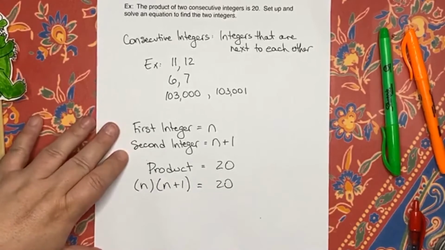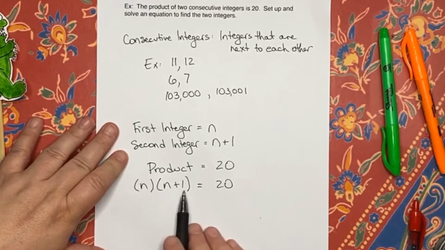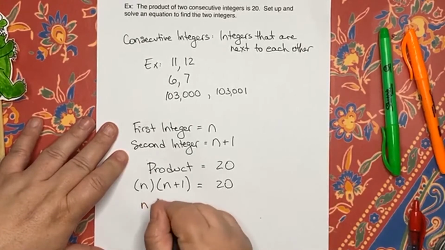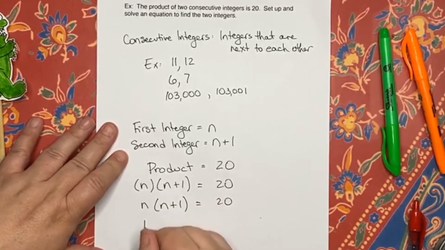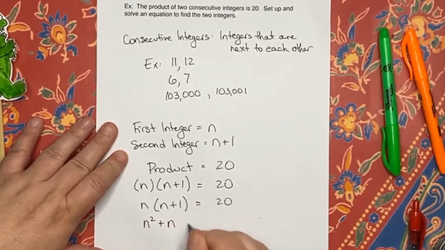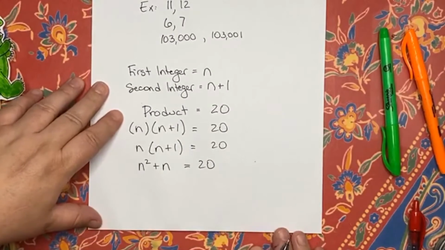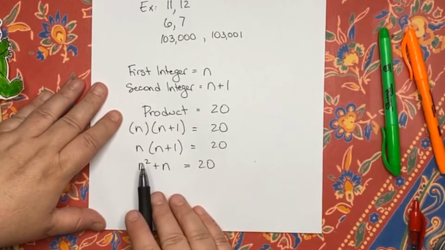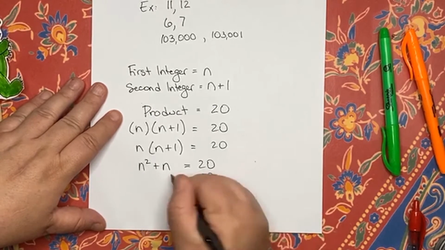Okay, well, that's exciting. Can I multiply the left side? Sure, I can. That's just n times the quantity n plus 1. So that's n squared plus n equals 20. Now, what can I do? Well, if I'm solving a quadratic equation, I subtract 20 from both sides.